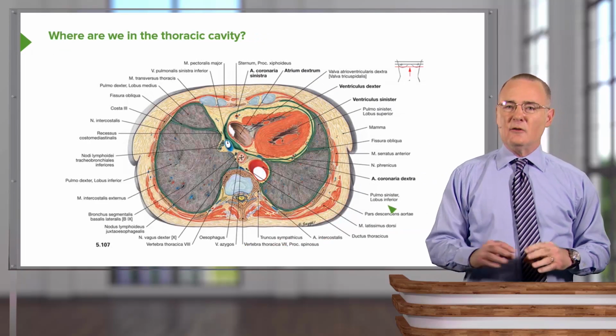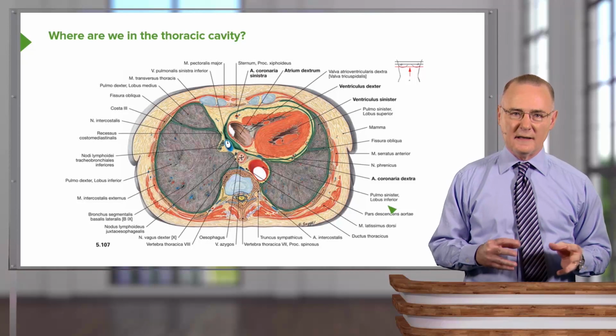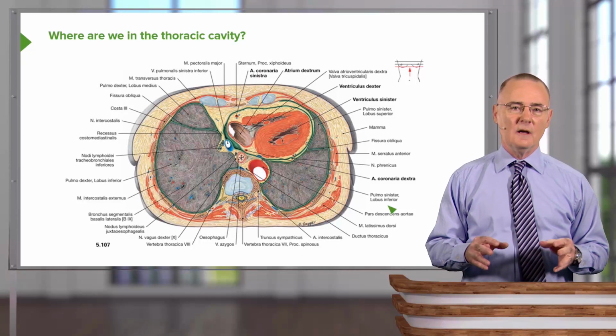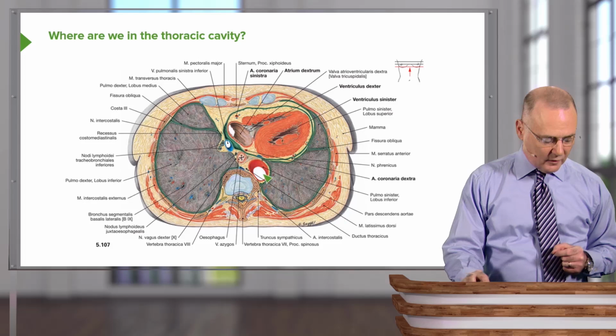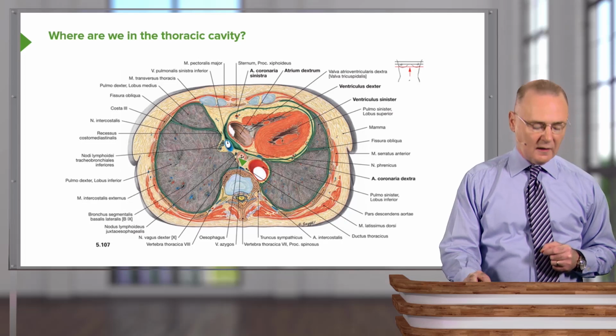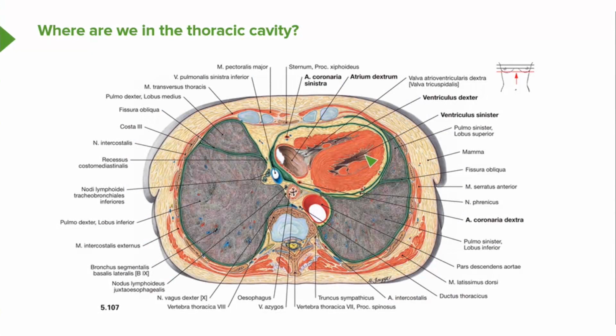And now we can do a brief quizzing moment to see if you understand where we are within the thoracic cavity. We could take a look here at this particular structure and note its relationship to other structures within the thoracic cavity, such as the heart, and then we have our lungs. So where are we within the mediastinum?